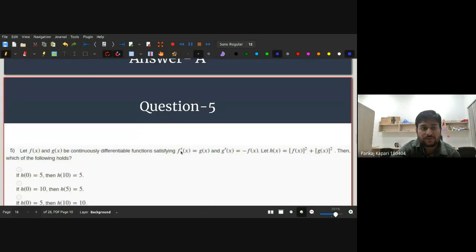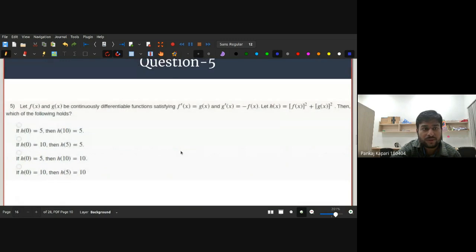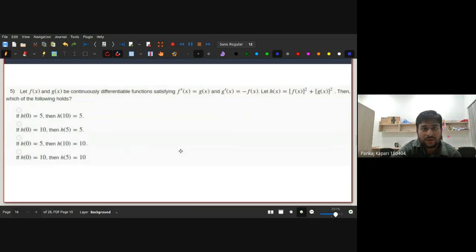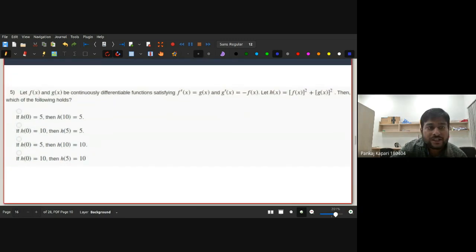Okay, let's move to the next problem. In this exercise, it is given that the two functions are continuously differentiable. So this is the term we use. What do we mean by continuously differentiable?